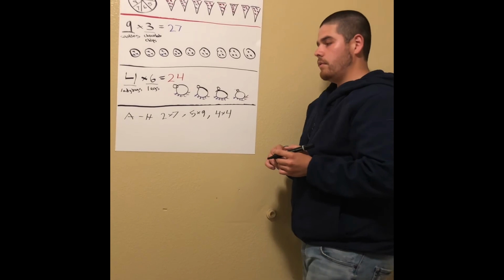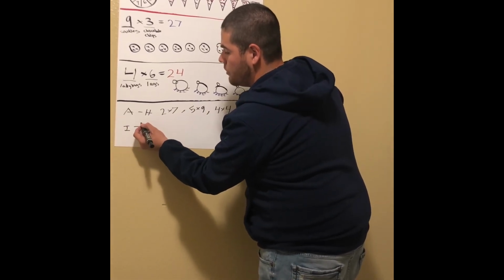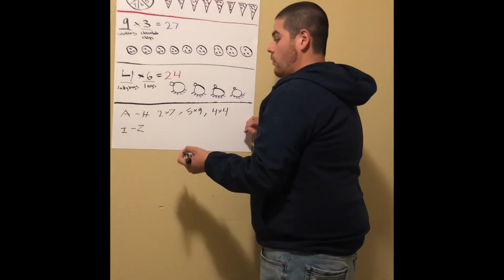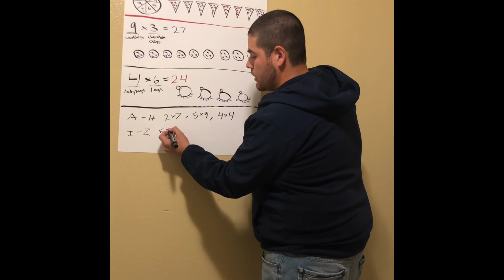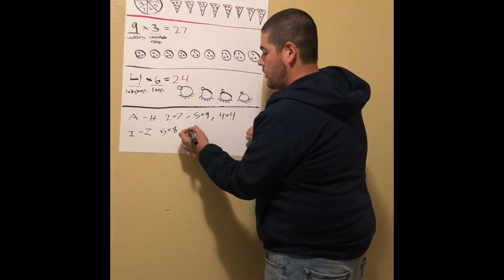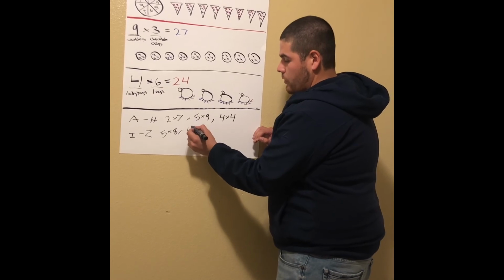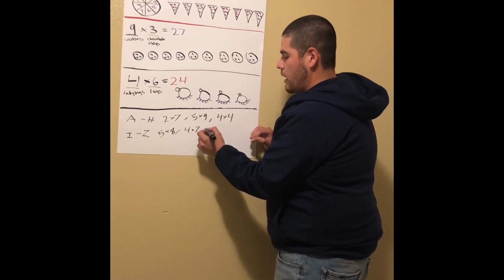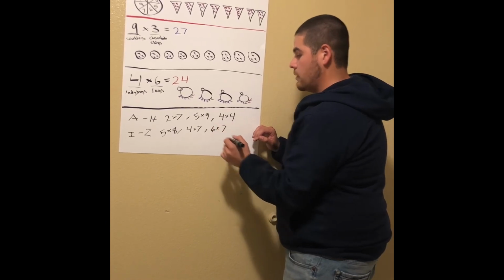And for those of you who have last names with the letter I through the letter Z, we're going to go ahead and do 5 times 8, 4 times 7, and 6 times 7.